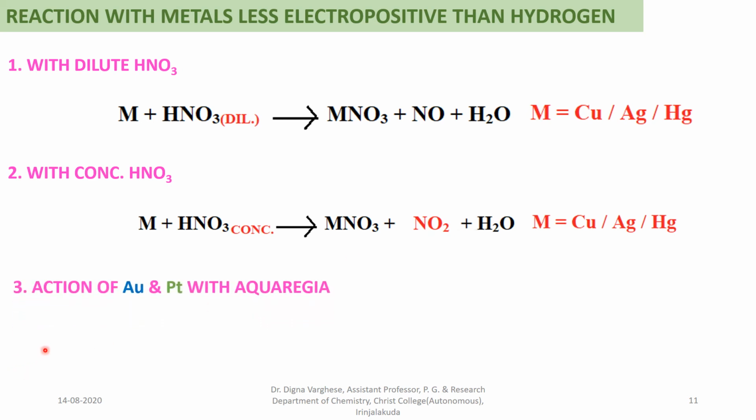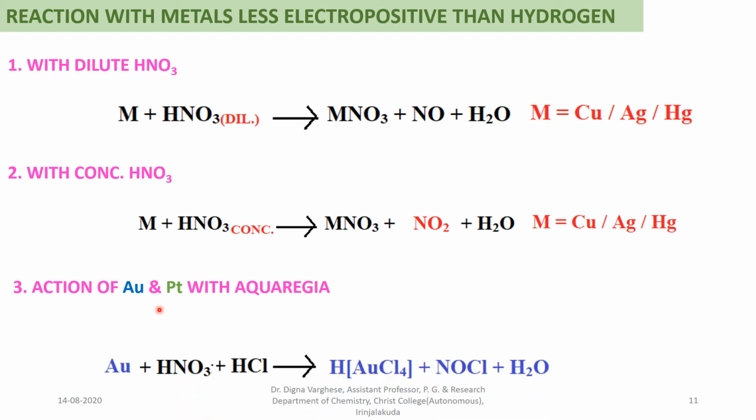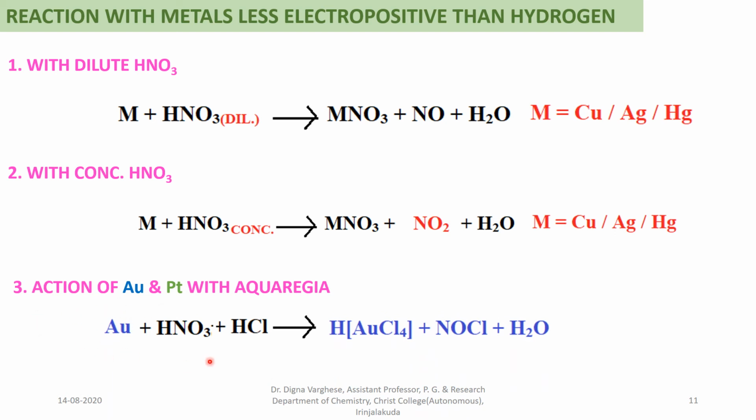Action of noble metals, that is gold and platinum, with aqua regia. Aqua regia is a mixture of concentrated nitric acid and concentrated hydrochloric acid in the proportion 1:3 by volume. So when gold reacts with aqua regia, it is converted into chloroauric acid having the formula HAuCl4, with nitrosyl chloride and water.